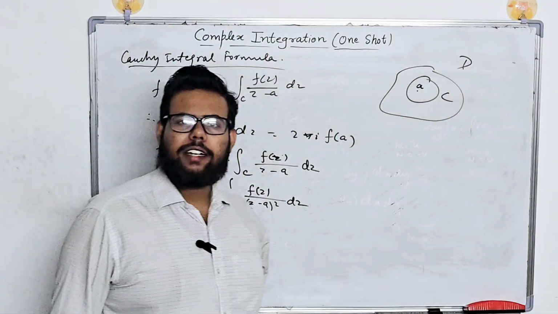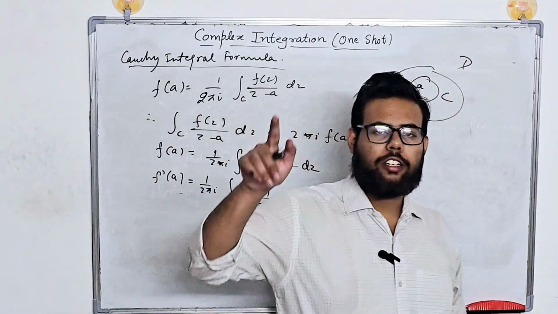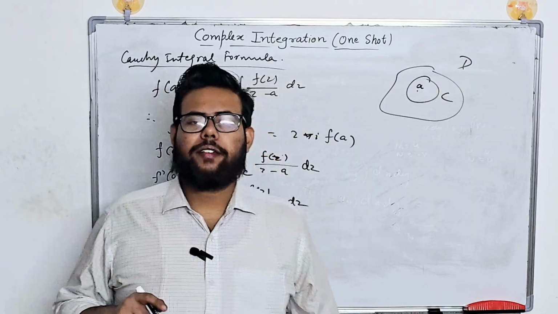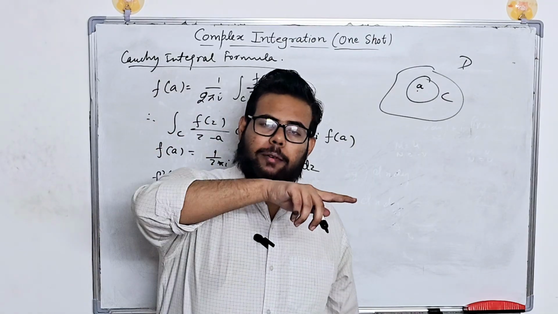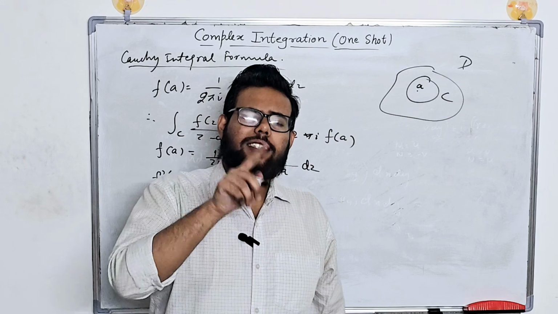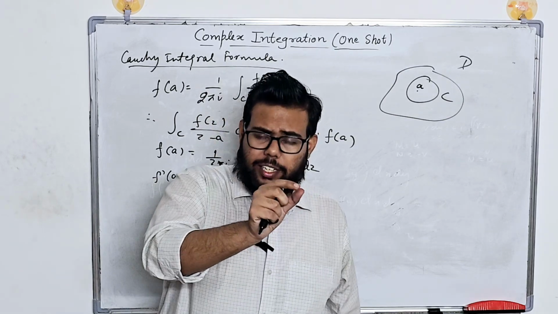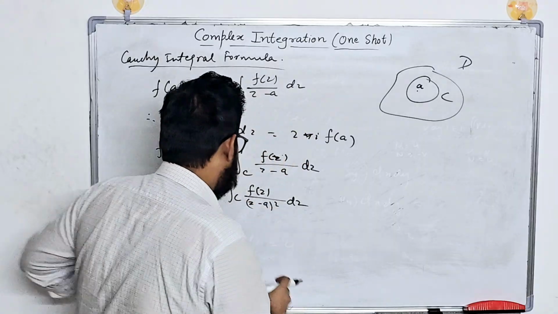When you take its derivative, z minus a is raised to power negative 1, and the derivative brings a negative outside, giving negative (z minus a) raised to power negative 2. Since a also has a negative sign, it becomes positive, so it will be this expression.